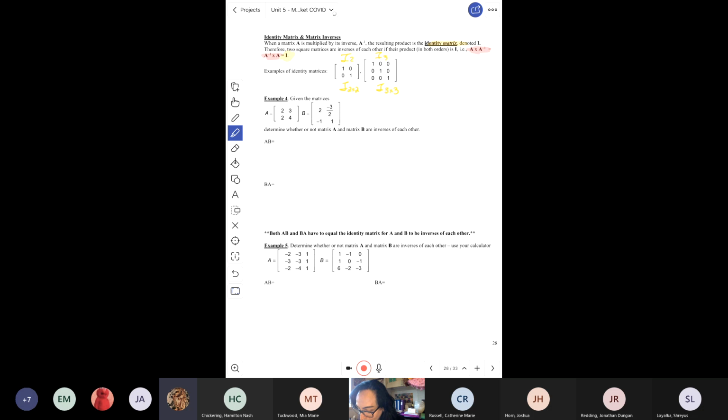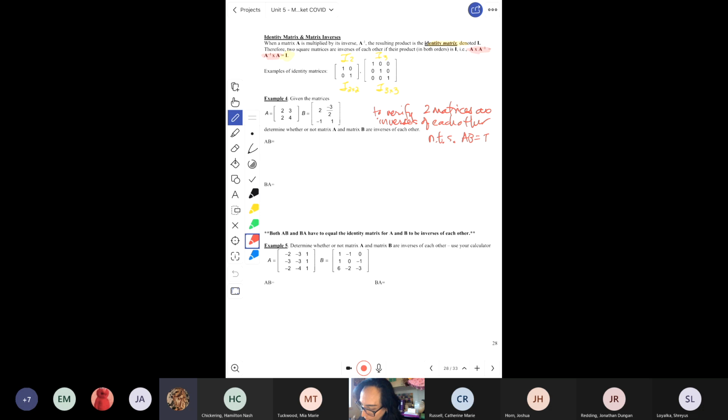So again, to verify that two matrices are inverses of each other, you need to show that the product of the two matrices gives you the identity.